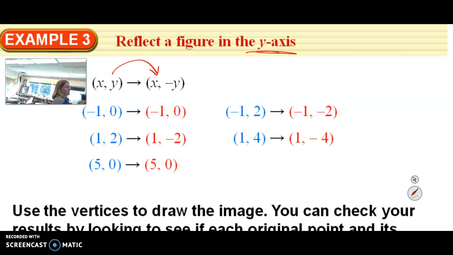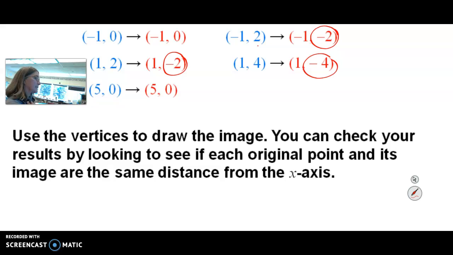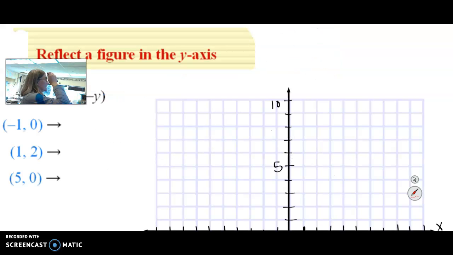But if you have a point like 1, 2, it's going to become 1, -2, and so on. 5, 0 stays 5, 0. -1, 2 becomes -1, -2. 1, 4 would become 1, -4. And if you plot all those points, you will see that you will get an image that is reflected over the x-axis or over the y-axis. That would be how you could check your answer.